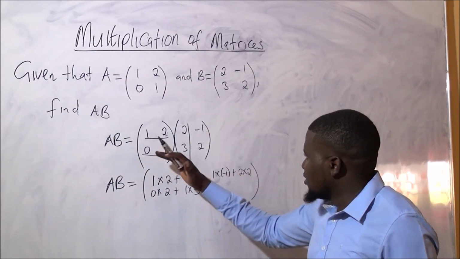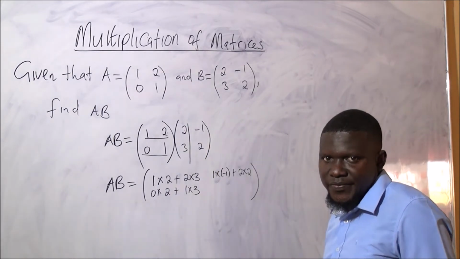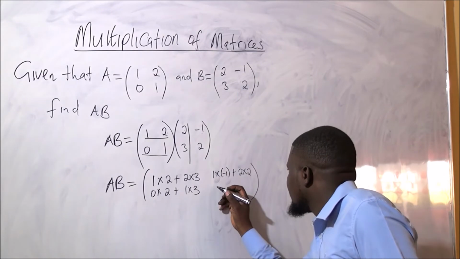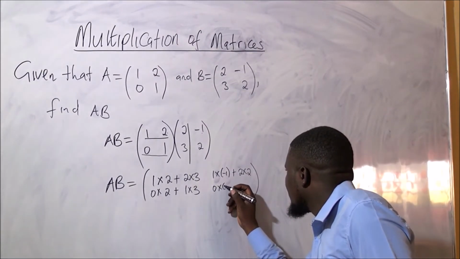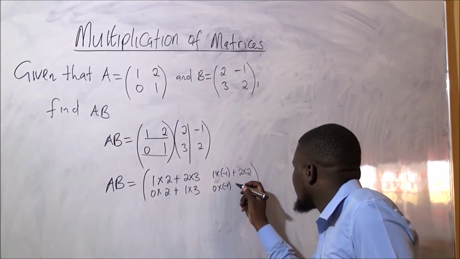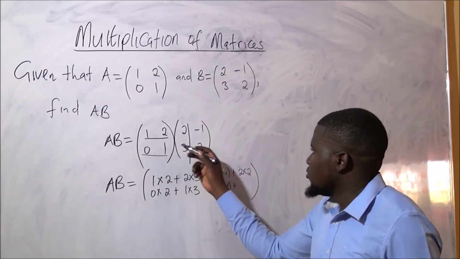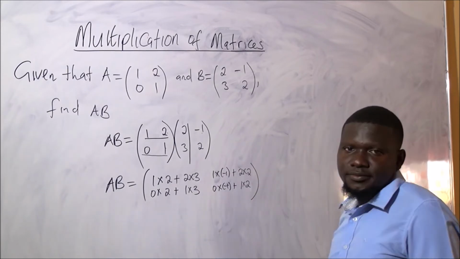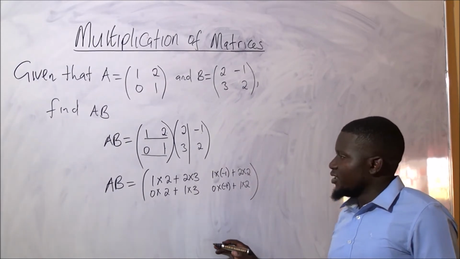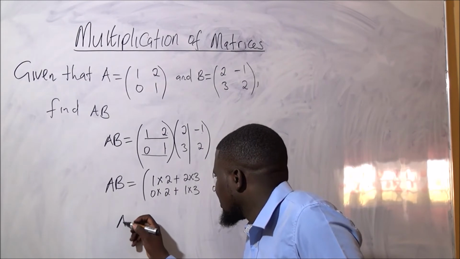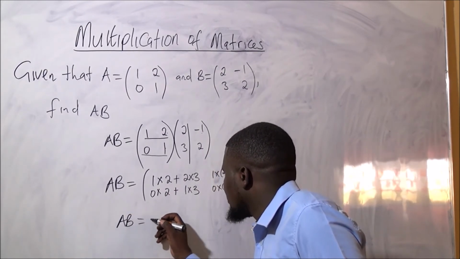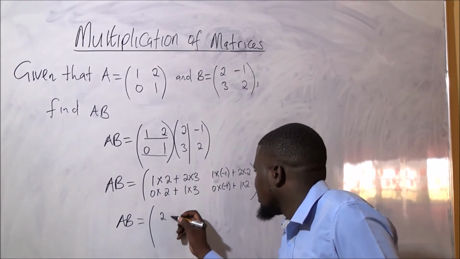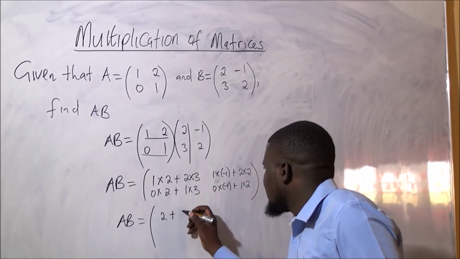Let's multiply the second row with the second column. We'll say that this 0 multiplies this negative 1, 0 multiplied by neg 1, plus this 1 multiplies 2. Thereafter, we'll say that our AB is equal to, here we multiply, this times this one, we have a 2, plus this times this one, it's 6.